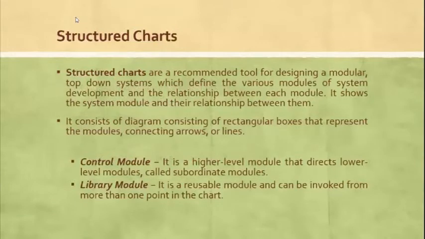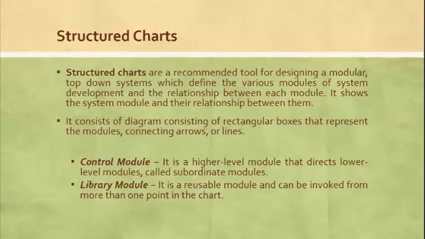So next we have structured charts. So structured charts are a recommended tool for designing a modular top-down systems which define the various modules of system development and the relationship between each module. It shows the system module and their relationship between them. It consists of diagram consisting of rectangular boxes that represent the modules connecting arrows or lines.